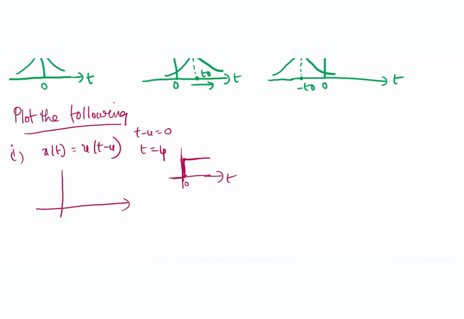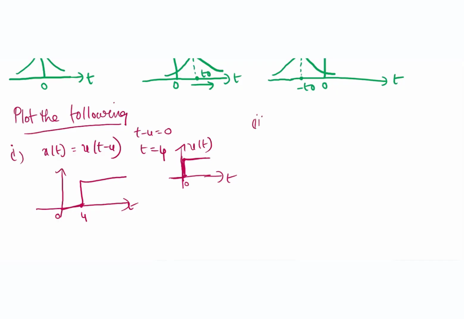This is 0 and this is t. This is u of t. But this is u of t minus 4, which is a shifted step signal. So this is 4, and the signal starts from 4.